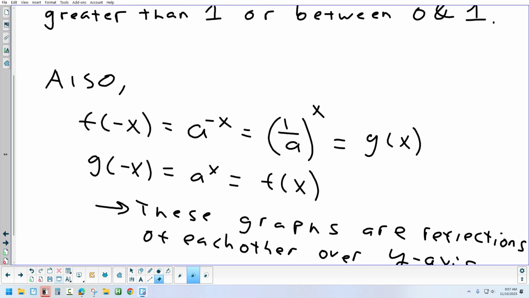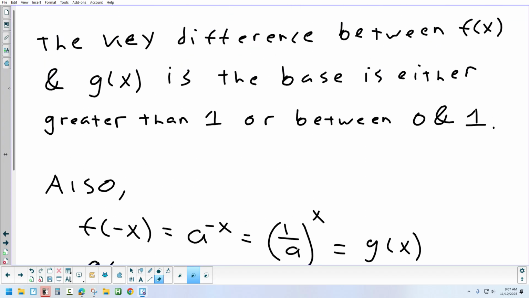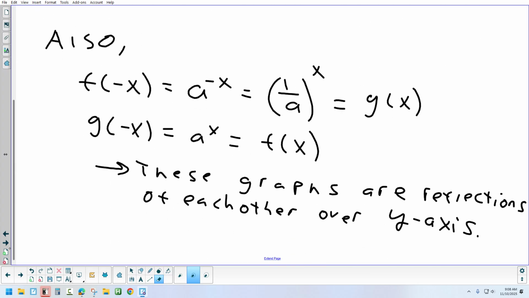Well, we're not going to go through the reasoning on that, but exponential growth and decay functions are reflections of each other over the y-axis. So I would just write that part down.